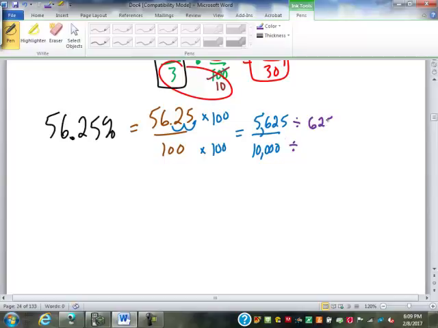I'm sure if I left you long enough, you'd all see 625 goes into both, right? If you divide it by 5 4 times, it'd be the same thing. Or if you divide it by 25 twice, it'd be the same thing. 9/16.